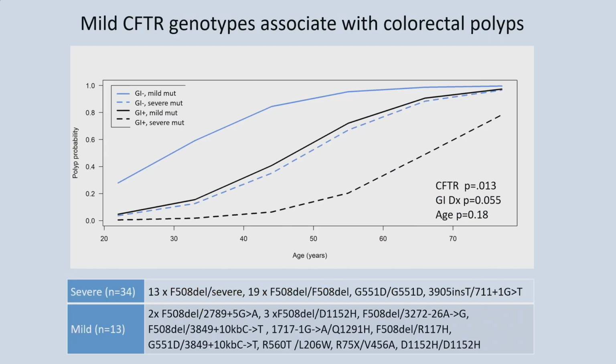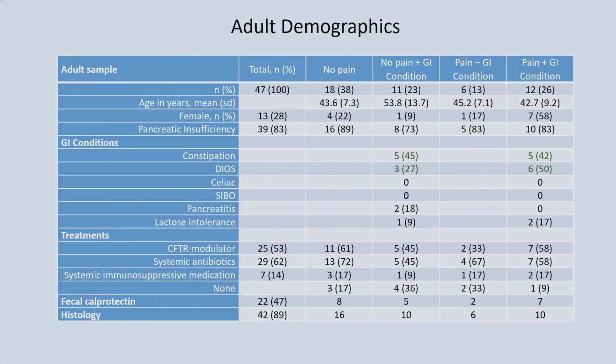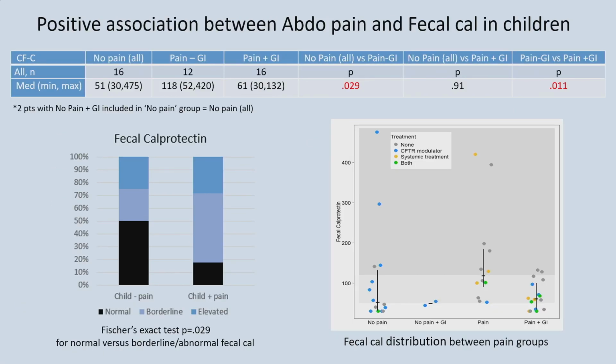Yes. For this, I'll go back to my slide here. So for this reason, just to avoid the confounding, we grouped the pain group with GI condition and without GI condition. So we can see here that there are a lot more kids without GI condition who have inflammation as compared to the ones with GI condition.